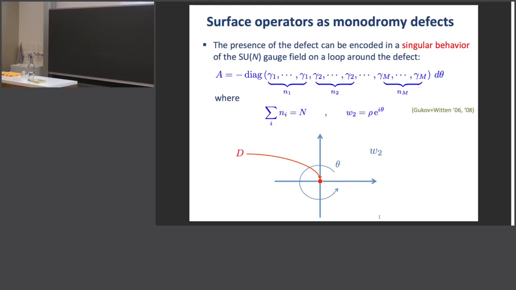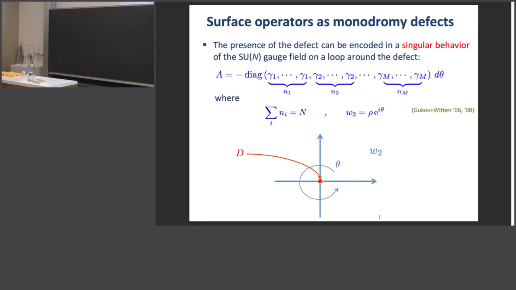And these numbers, gamma 1, gamma 2, and so on, are parameters that describe the behavior of the gauge field around the defect. They can be different. The only restriction is that clearly the sum has to be 0, because I am in SU(N). They can be different, and I can group them into M groups, one with N1 of them, the other with N2, and so on.